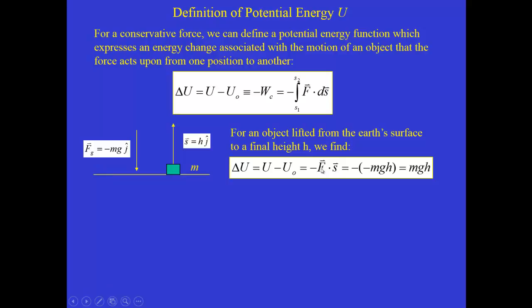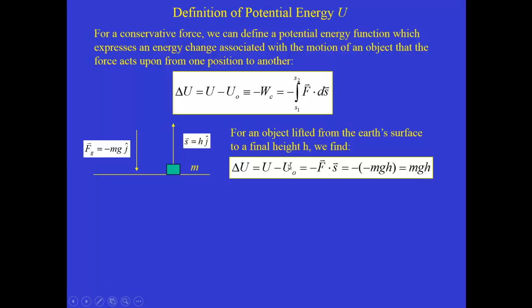So the F force dotted into S, since they're 180 degrees apart from one another, the dot product is going to give us a minus sign. And so it'll be minus negative mg times h. So minus negative mgh gives us mgh.